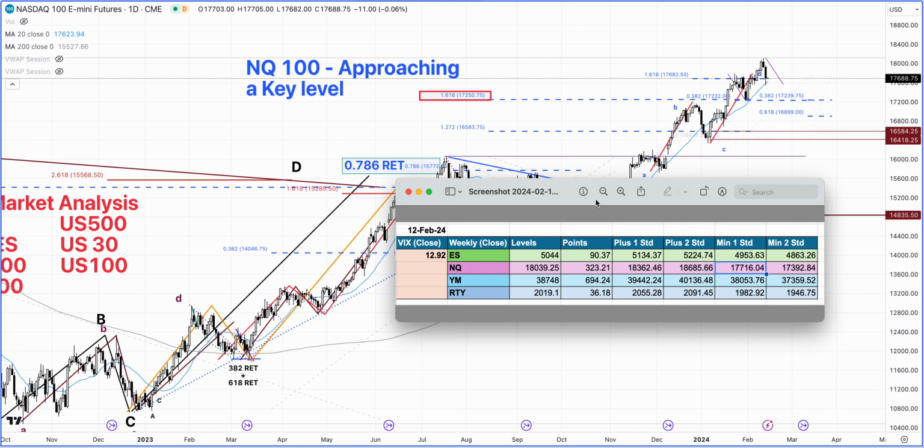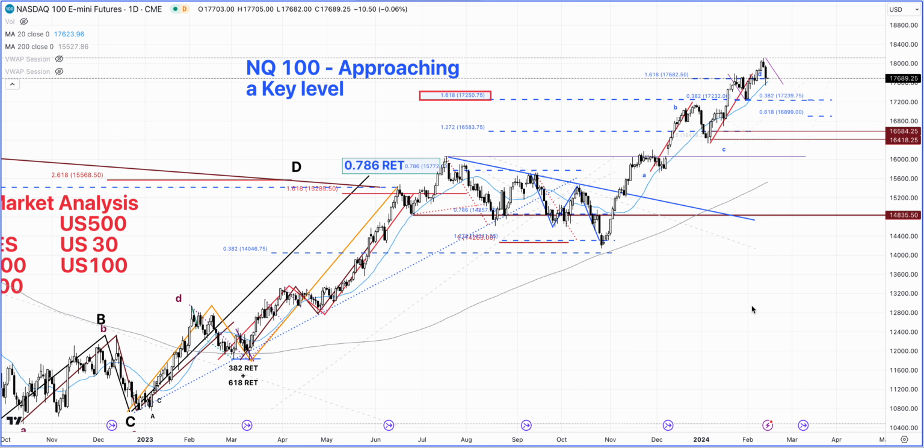I believe the price went between that. Let's see what the lowest point today was: 17,542. So it's between the -1 and -2 standard deviation, and it's possible that it goes and hits the -2 standard deviation around 17,392 as well.